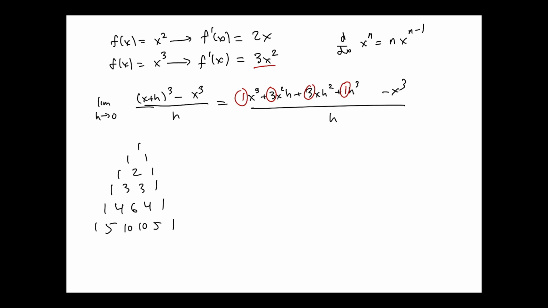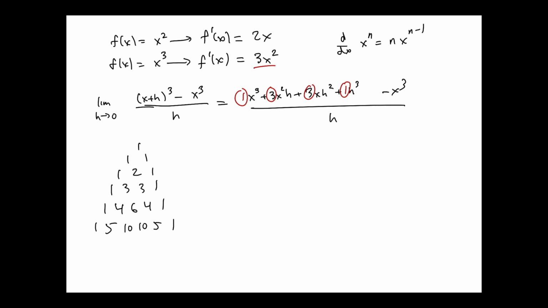To the first, you get 1x plus 1y. To the second, x squared plus 2xy plus y squared. If you cube it, x cubed plus 3x squared y plus 3xy squared plus y cubed.